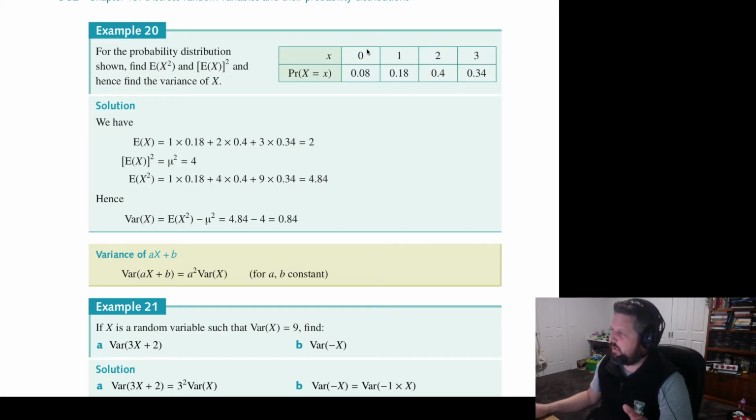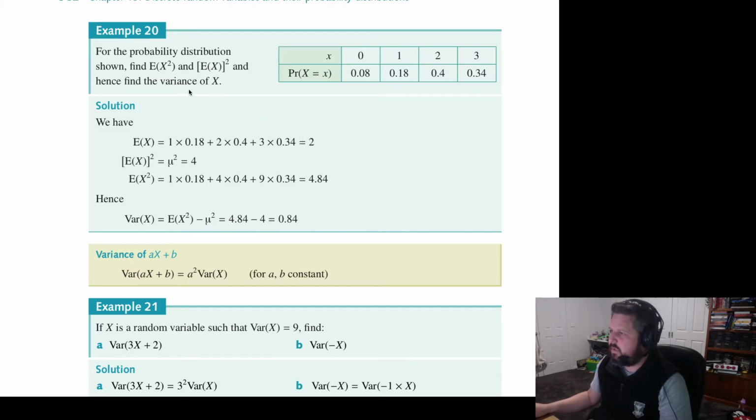We are multiplying each of these together and adding them together. Obviously 0 times 0.08 is just 0. They haven't even written it as part of the calculation here. But we're multiplying them. 1 times 0.18, 2 times this, 3 times this, add them together and we get 2. So E of x is 2, the expected value is 2.